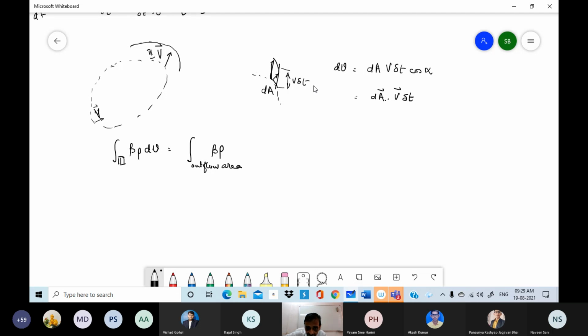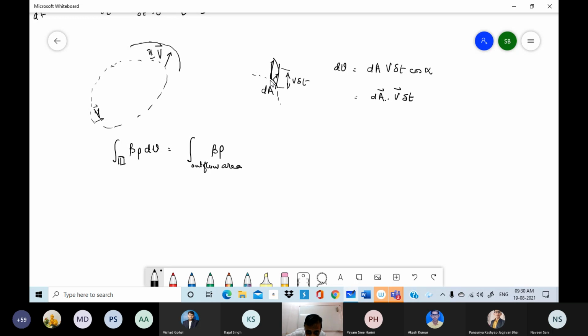Now, if I consider a certain element dA of this outflow area, what is the volume through which the material which flows out through dA, how much volume does it cover? If I integrate over the entire outflow area, that will give me the entire volume of region 3.